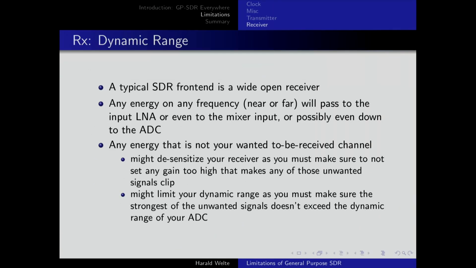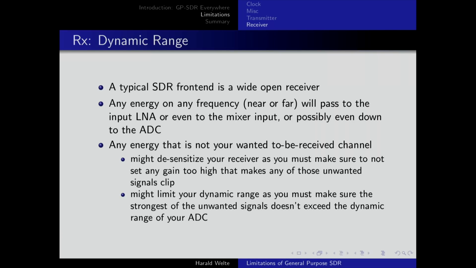The next topic, which is related to that, is the dynamic range on the receive side. Because again, your SDR frontend is a wide open receiver, and any energy that is present at the input of the receiver, whether it's near or far, will pass at least to the first stage LNA, that's the first amplifier in the receive chain, and then it may propagate even to the mixer input, depending on the detailed layout of the device or the chip, and then possibly even further down to the ADC.